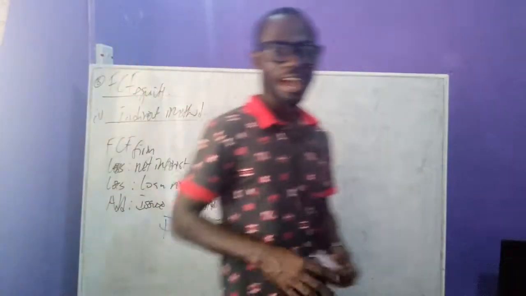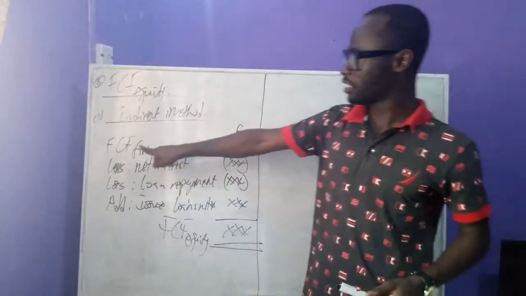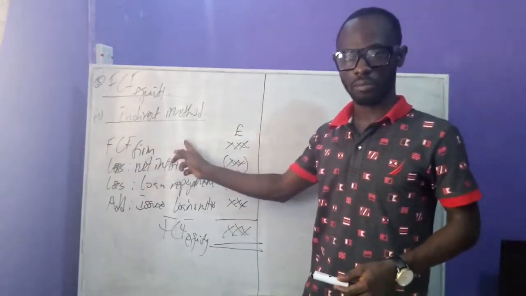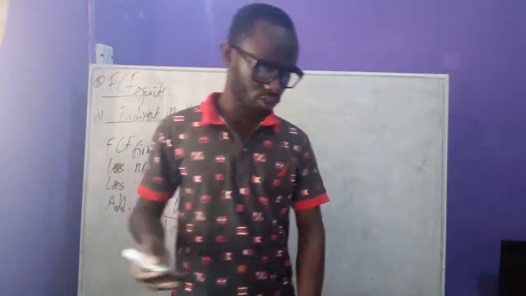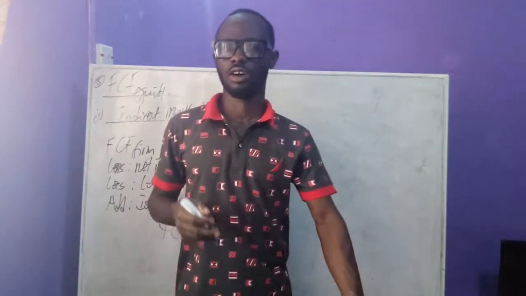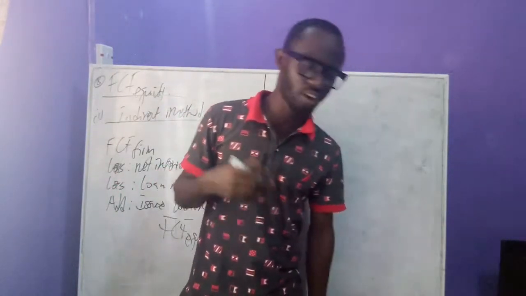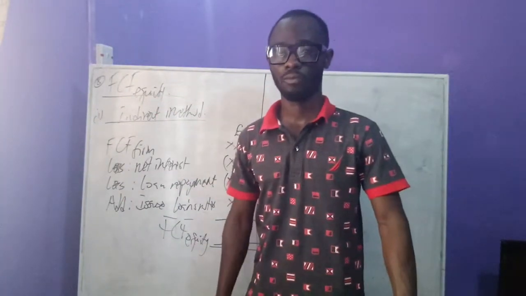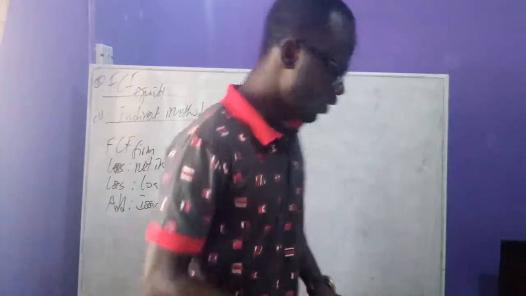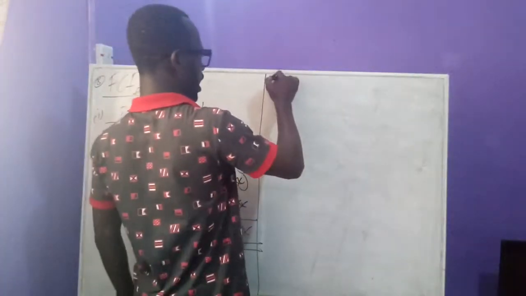So this is the indirect method, where you are starting with the free cash flow to the firm. But this is not always the case for us, because almost always when we are calculating the free cash flow to equity, we don't have the free cash flow to firm. So we go to what we call the direct method.